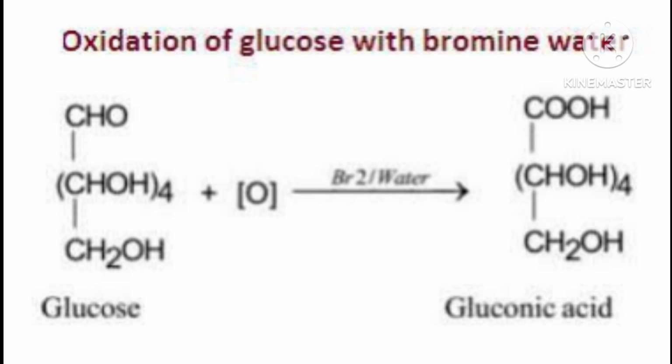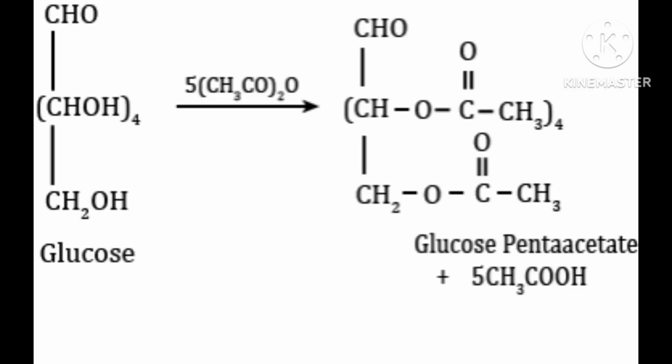And this dicarboxylic acid is also called saccharic acid, because now you have CHO, CHOH whole 4, CH2OH. This is the glucose. Here OH is in the first carbon and OH is in the last carbon also. CHOH whole 4 in the middle will remain as it is.